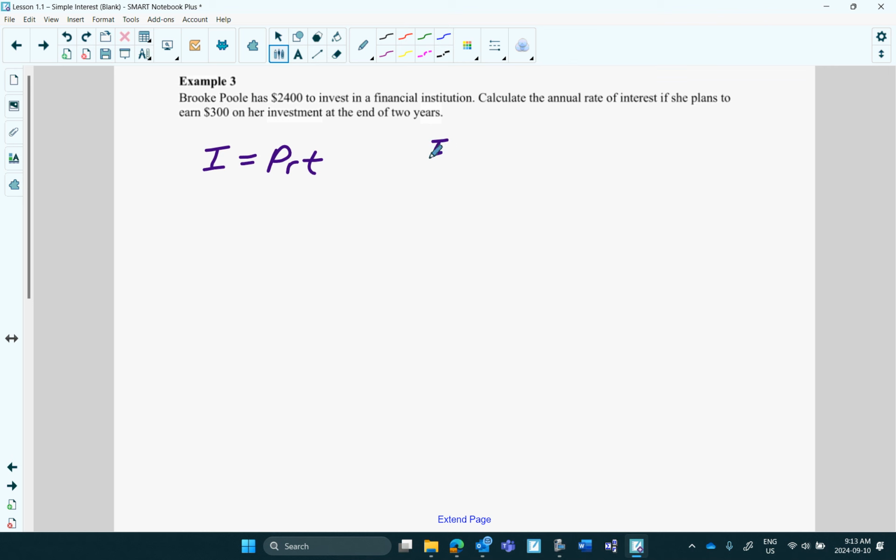So here the interest is $2,400. The rate of interest, sorry, the interest is 300, pardon me. I'm ahead of myself. The interest is 300. The principal is 2,400.